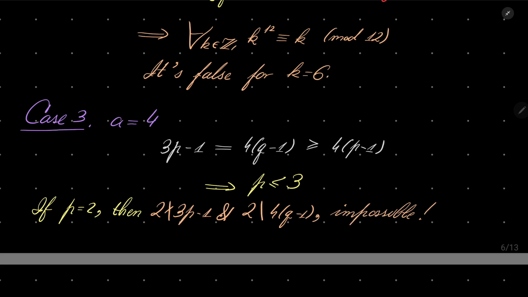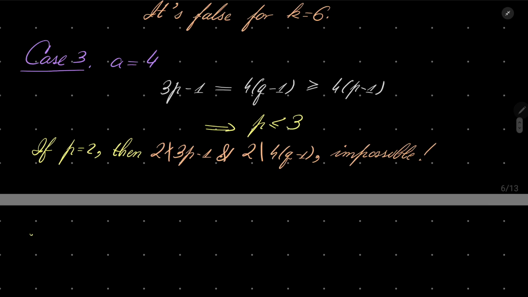Impossible. So it must be the case that P equals 3. If P equals 3, then Q equals what exactly? Here we have 9 minus 1, 8. 8 divided by 4 is 2, and we add 1. Q equals 3.